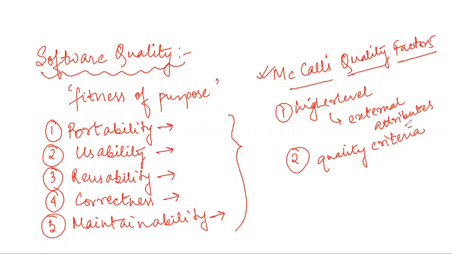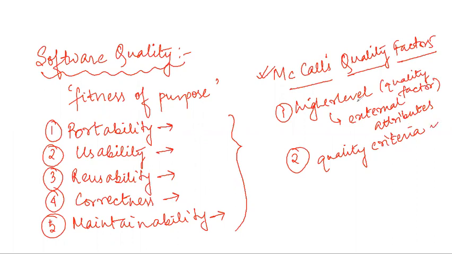One is the external attributes and another is the quality criteria. So one is known as the quality factor, and this is known as quality criteria.